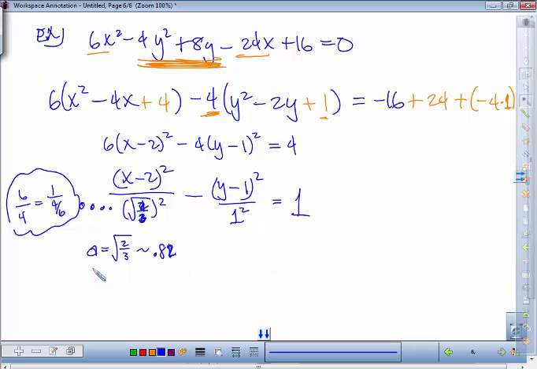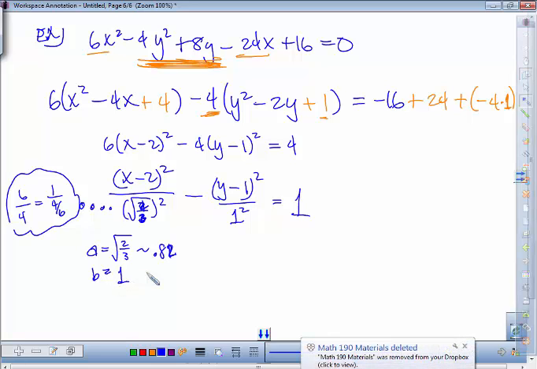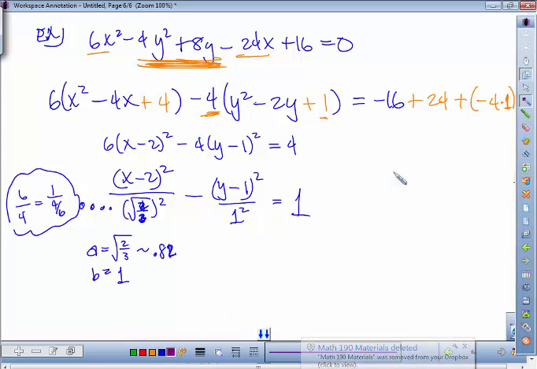Okay. B is equal to 1. So we should be ready to get some sort of draft of how this might look.